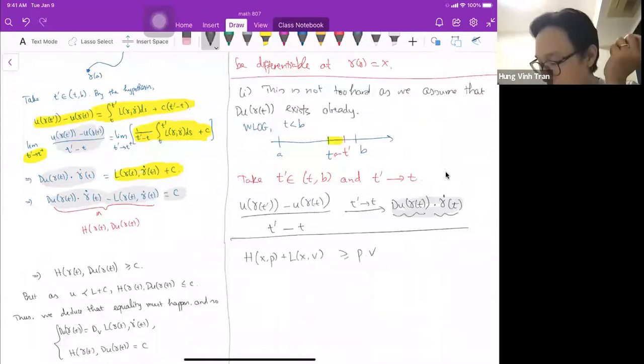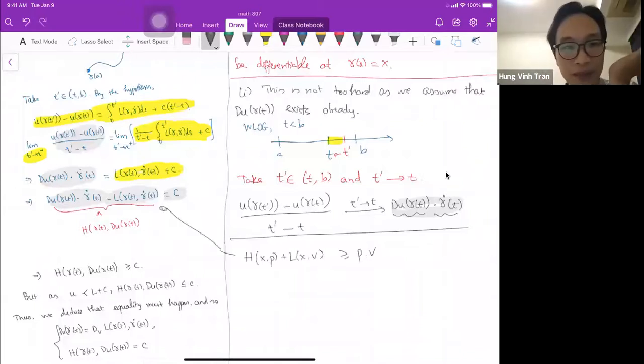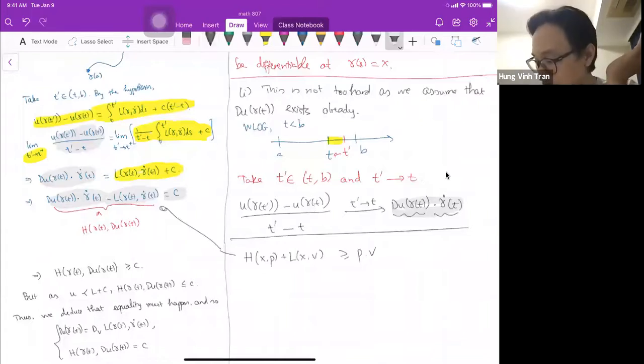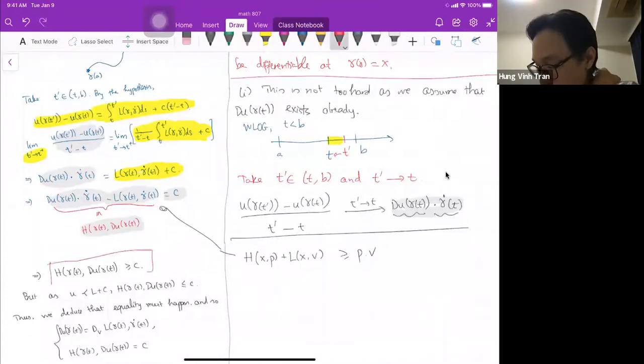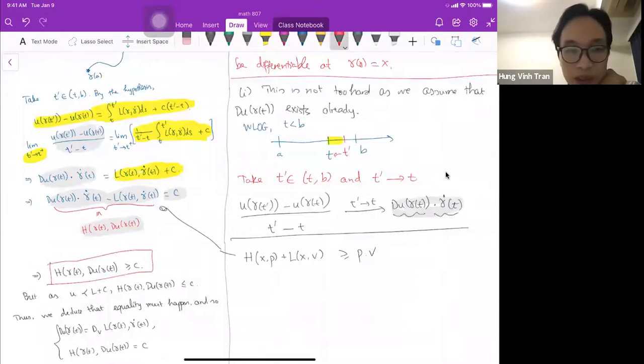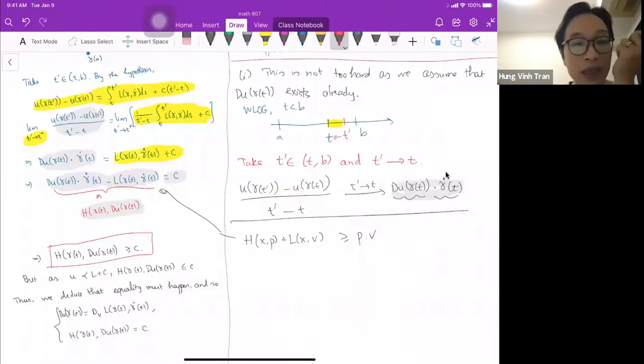So here, du dotted with gamma dot minus L of gamma, gamma dot is going to be less than or equal to H of gamma t, du of gamma t. That allows us to conclude, in this red box, that H of gamma, du gamma is greater than or equal to c.